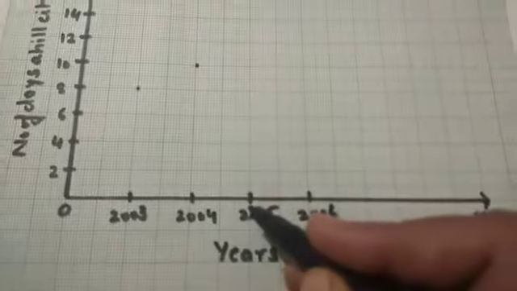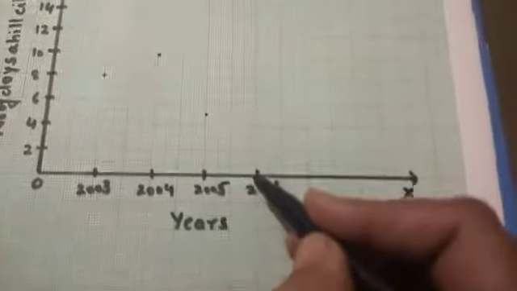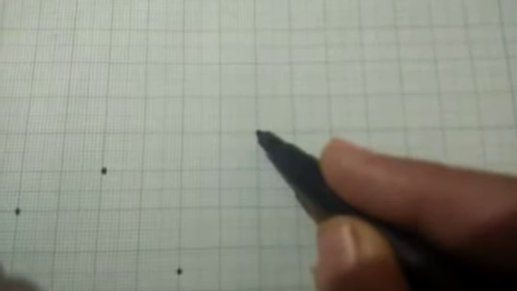Then in 2005, 5 days. So now 5 will be lying between 4 and 6, this middle one. And in 2006, this is 12. So in front of 2006, we'll put the mark on 12.